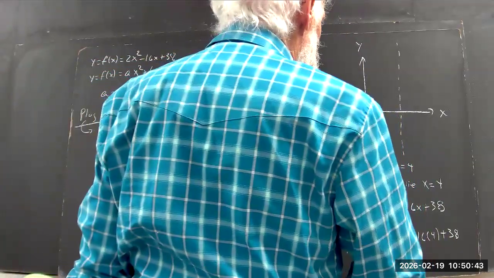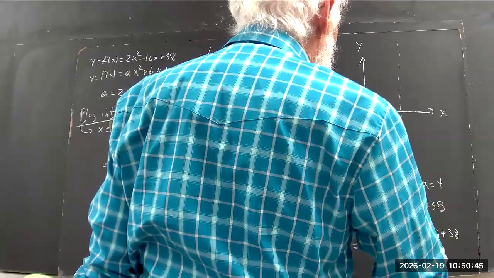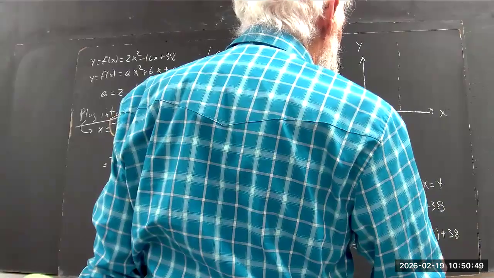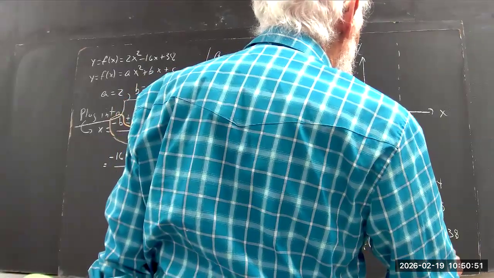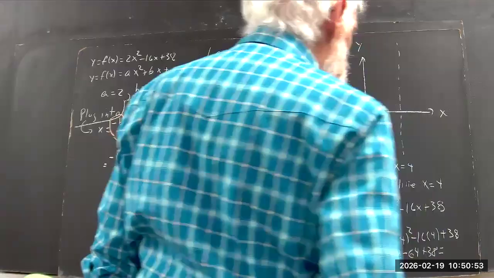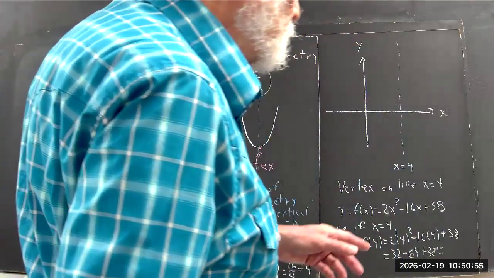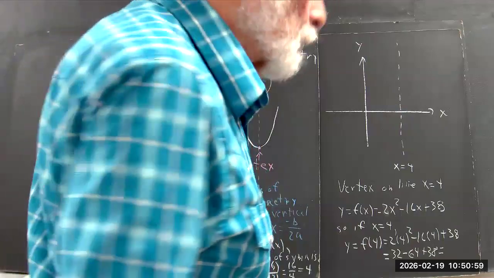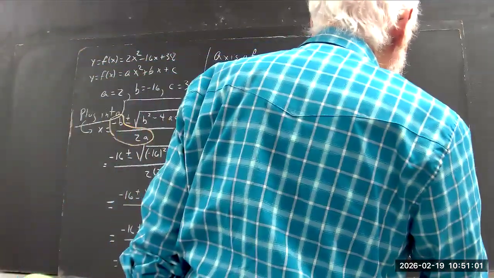Well, 4 squared is 16, 2 times that's 32. 16 times 4 is 64, so we have minus 64 and then plus 38. What's 32 plus 38 minus 64? Well, you can work that out. It's 6.